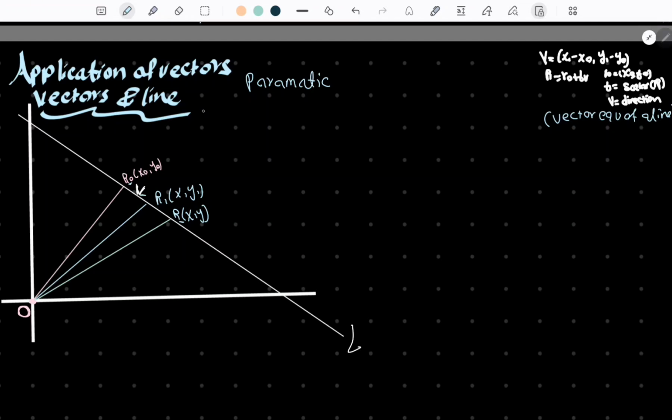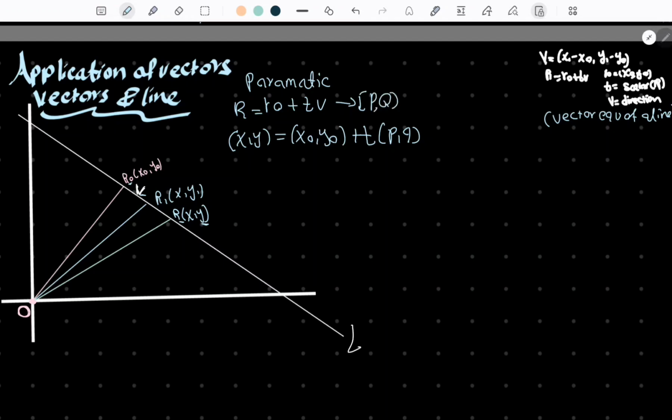So this is our original equation, which is R naught plus TV, right? So R would be X comma Y, R naught would be X naught, Y naught, plus T times, then V would be P comma Q. So just V changes into P comma Q.